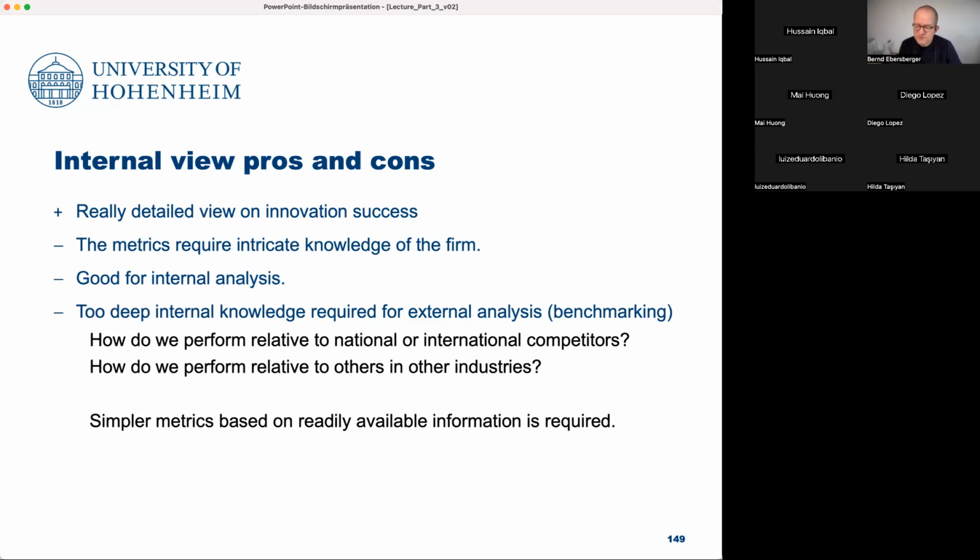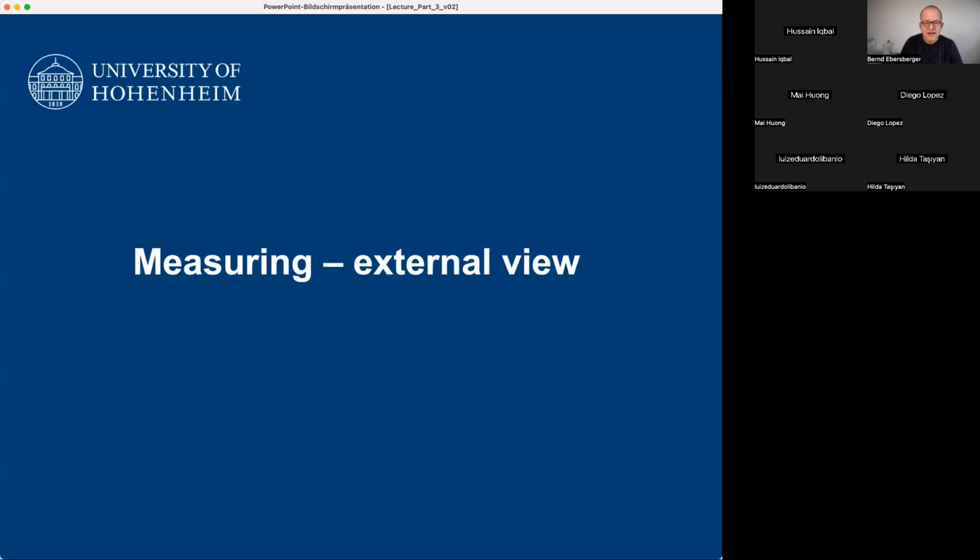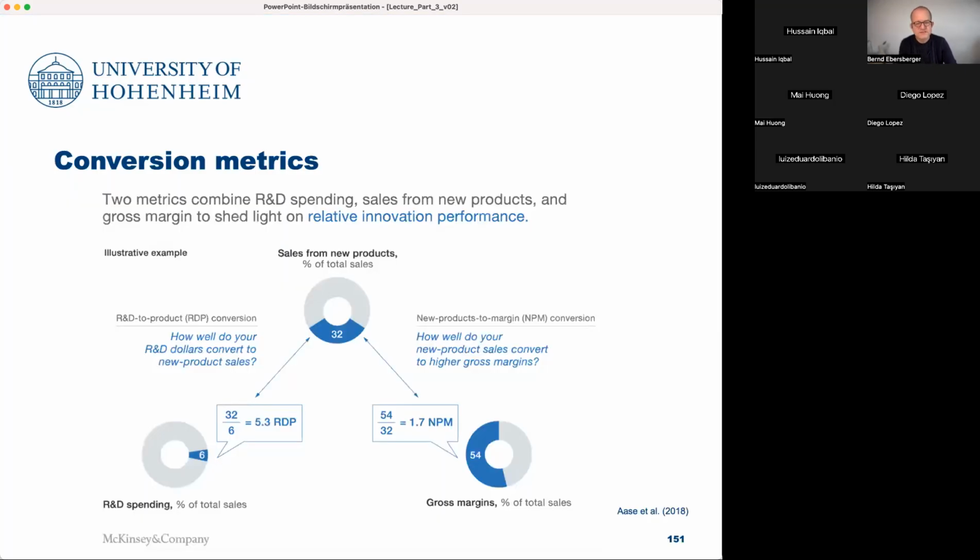So how do you perform relative to national, international competitors? How does your industry perform relative to other industries, etc.? We definitely need a simpler metric system. And this metric system was suggested by Oz et al., and they are McKinsey consultants.